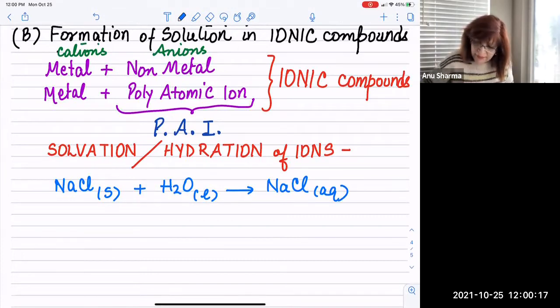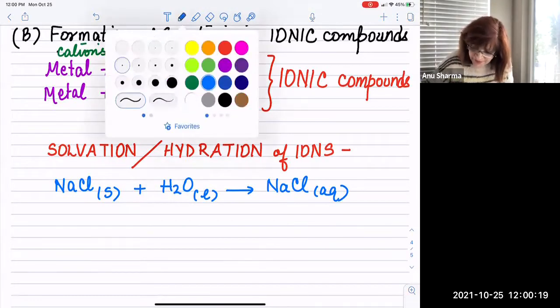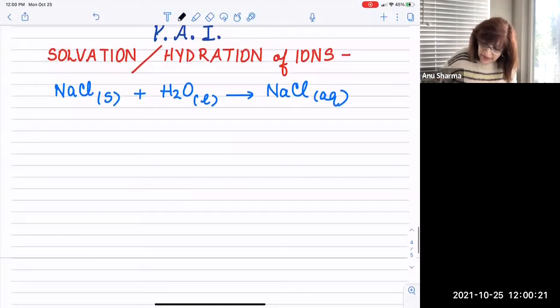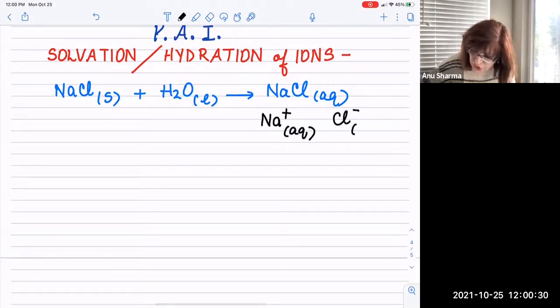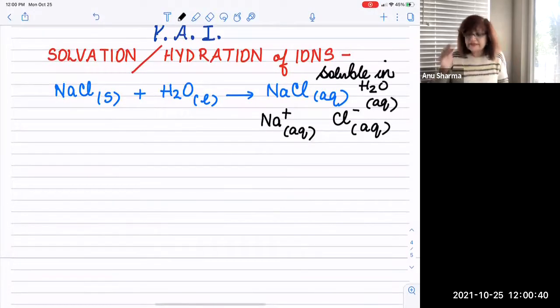Okay, keep in mind that it becomes aqueous. So this breaks up into sodium ion, aqueous, and chloride ions, also aqueous. Soluble in water is aqueous, that symbol.